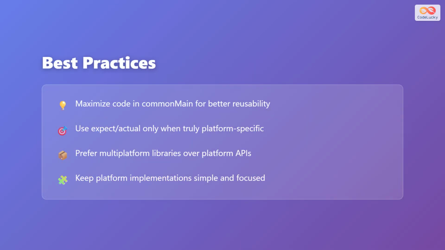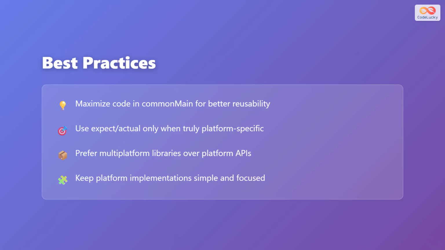Let's wrap up with some best practices for working with common code. First, always maximize the amount of code in commonMain. The more code you can share, the less duplication you'll have, and the easier maintenance becomes. Second, use expect/actual only when truly necessary. Reserve it for cases where you absolutely need platform-specific APIs.